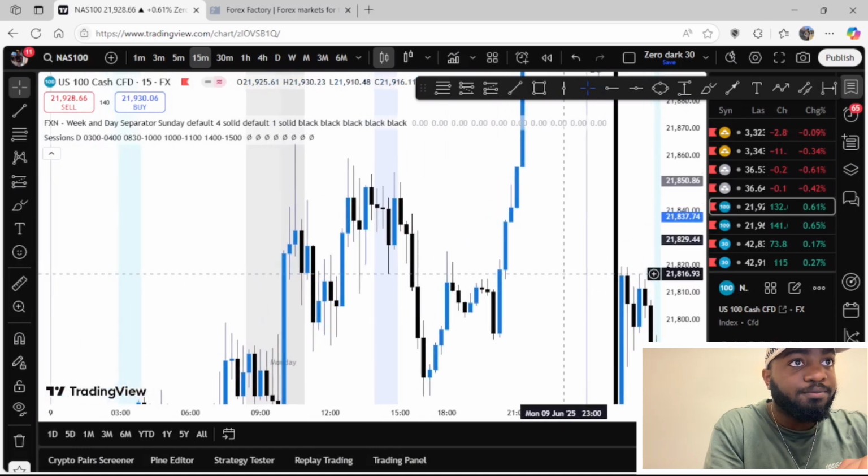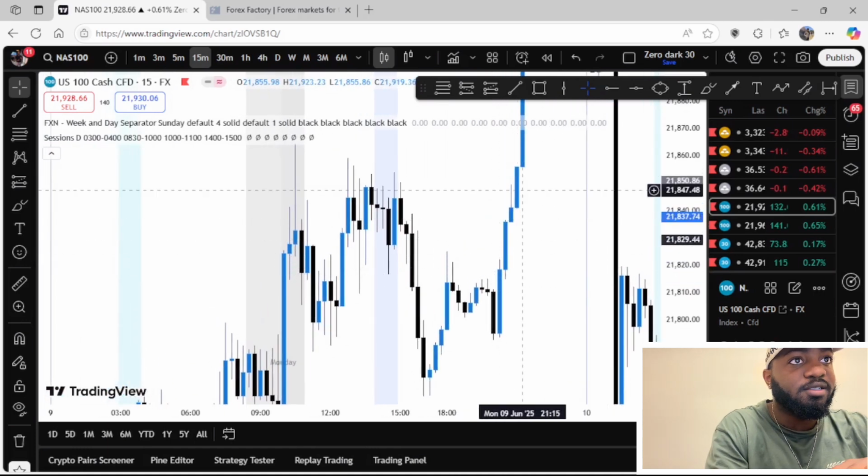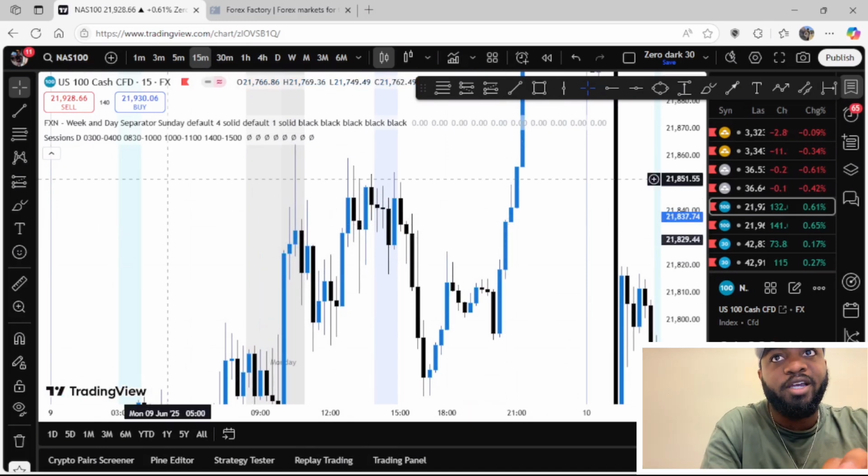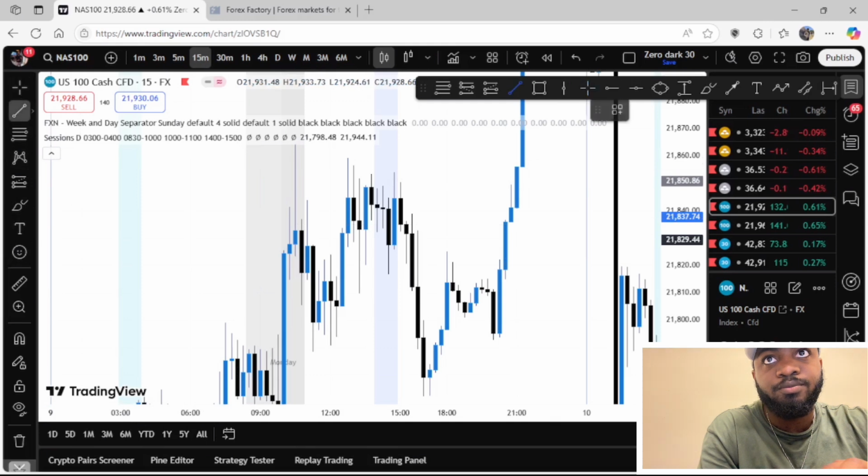A fair value gap is a gap in price that's delineated by a three candle pattern.